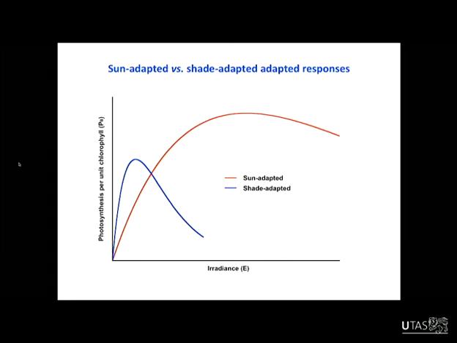So certain phytoplankton species that are adapted to high light environments, so for instance the tropics, will be able to take a lot of solar radiation and use that for photosynthesis, and it'll only be at very high light levels that they actually start to get damaged, whereas places of the global ocean where light levels are relatively low, so you can think about perhaps the high latitudes in the winter months, those phytoplankton are adapted to low light concentrations, and you don't have to go to very high light levels before they start to get damaged by solar radiation.